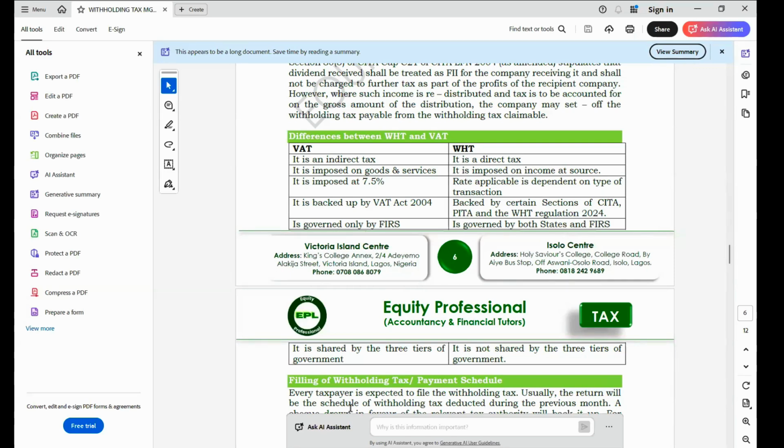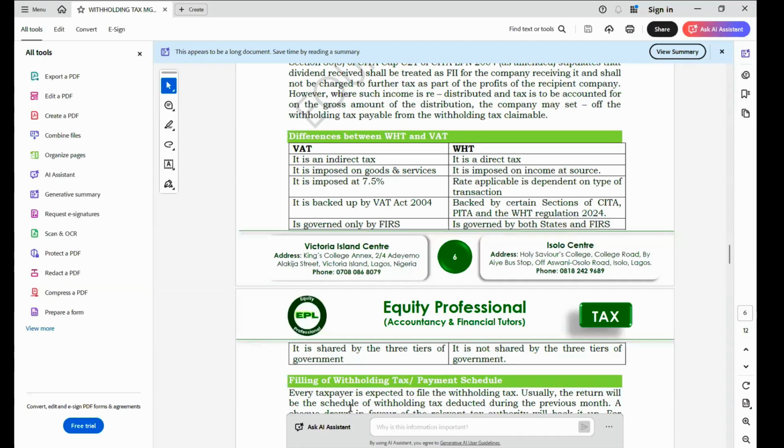In what form, in what process am I going to remit that withholding tax? The process of remitting that withholding tax is what is called the development of a payment schedule. So today we'll be starting with filing of withholding tax or payment schedule.